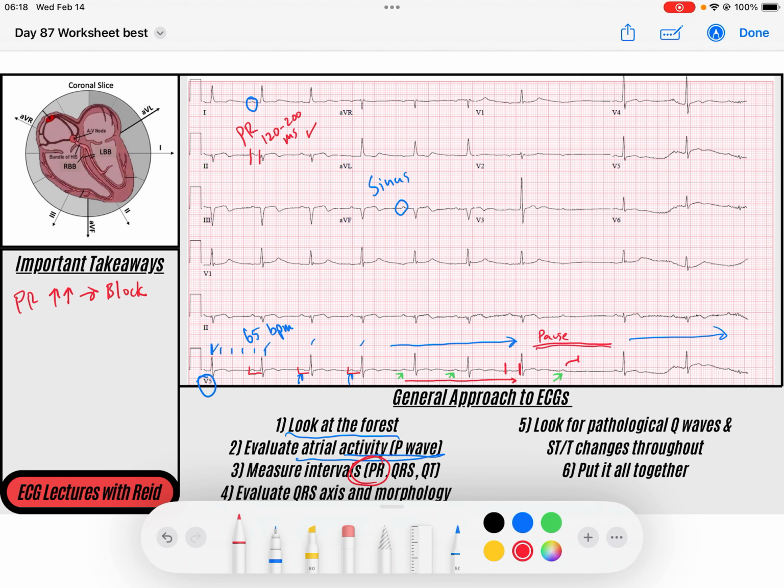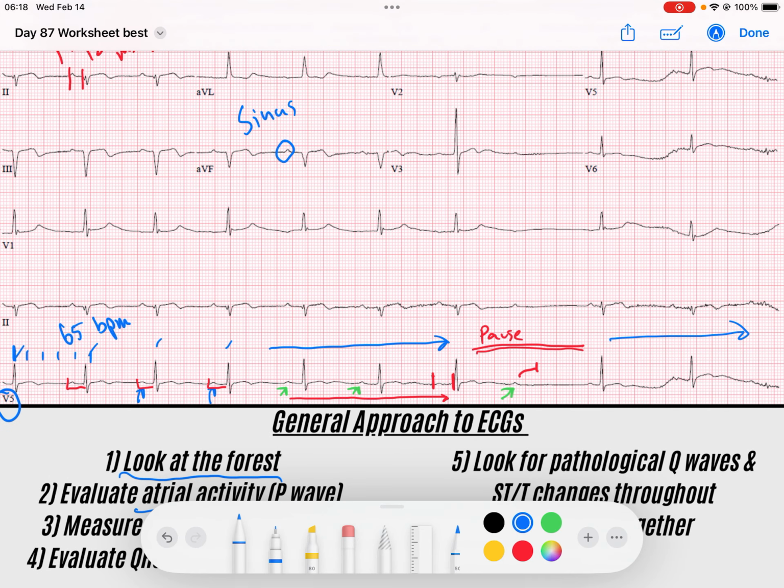But we need to make sure that this P wave that we initially noted here, I'll do it in blue, is not a premature atrial contraction. We can measure the P to P intervals. I'll measure from this P to this P, and the distance is around 5, 10, 15, 20, maybe 24 millimeters.